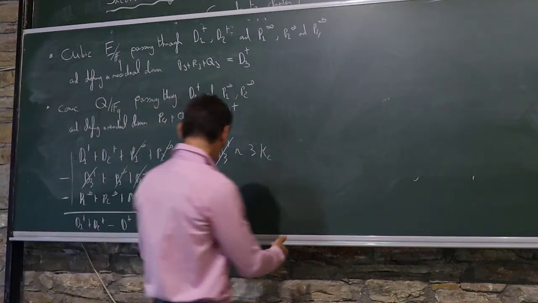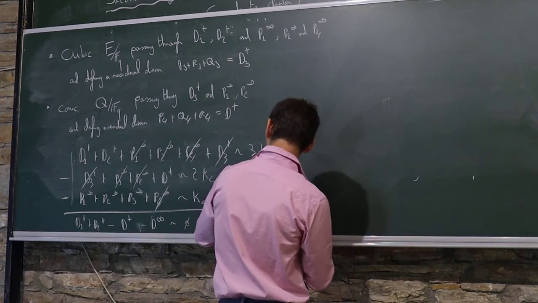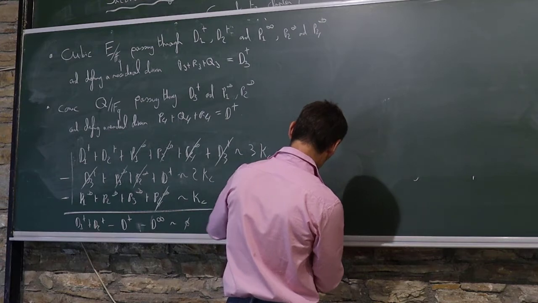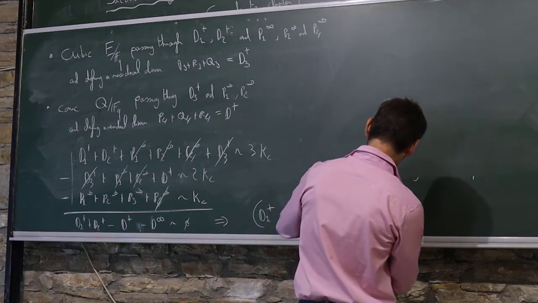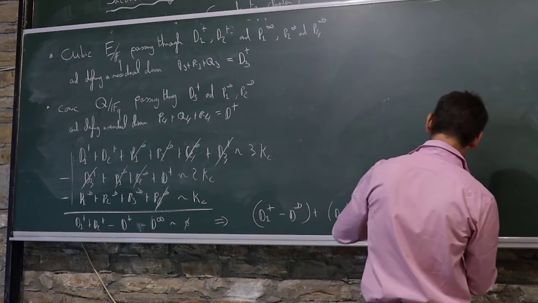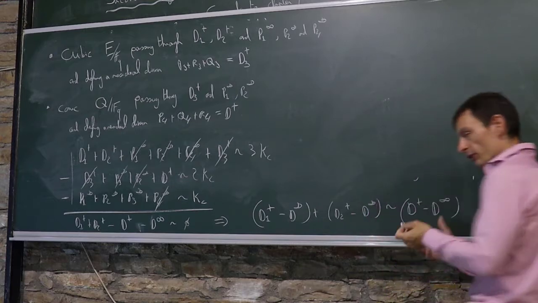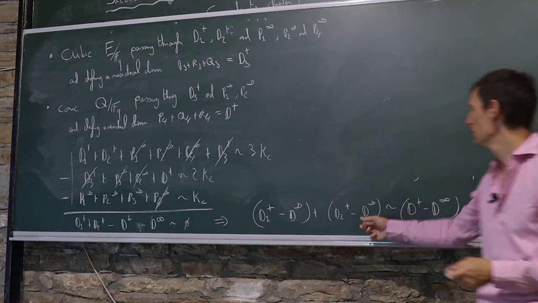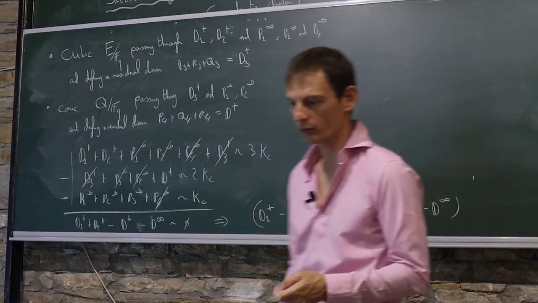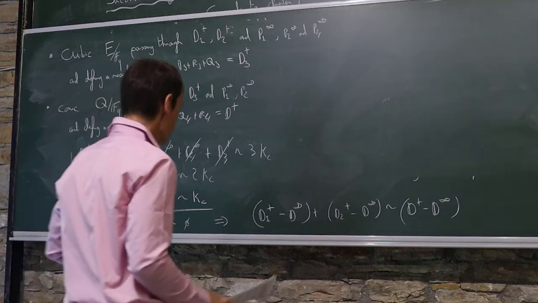So I can rewrite it as D1 plus minus D infinity plus D2 plus minus D infinity is equivalent to D plus minus D infinity. And this is exactly what I wanted, to sum my two divisors here and here, or my 2 points on the Jacobian. Perfect. And maybe let me just leave you with one question.